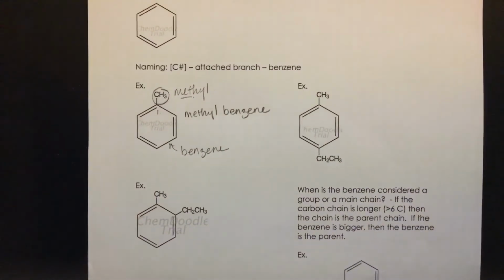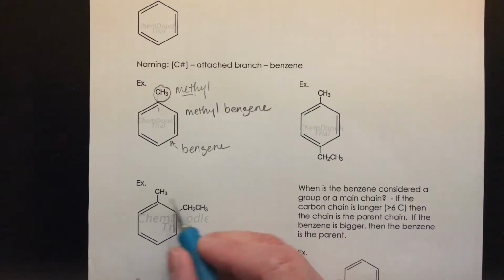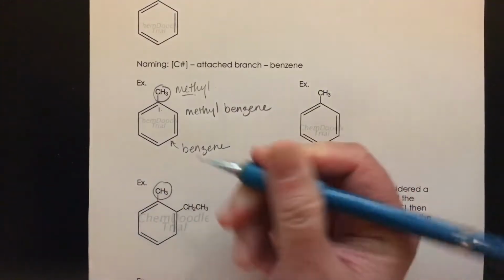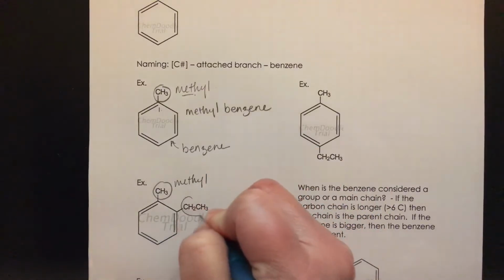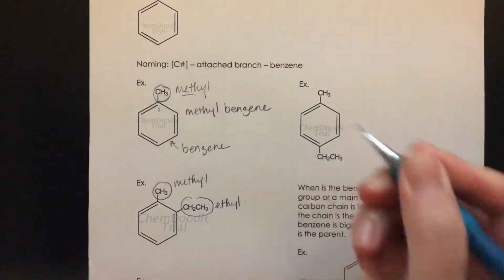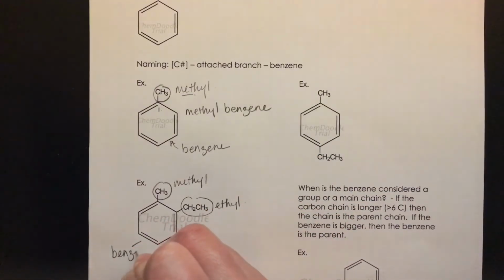Now, in the second example, we now have two groups. Again, we take a look at the two groups. Here this is my methyl, and over here we have our ethyl. And in this case we have our benzene ring.